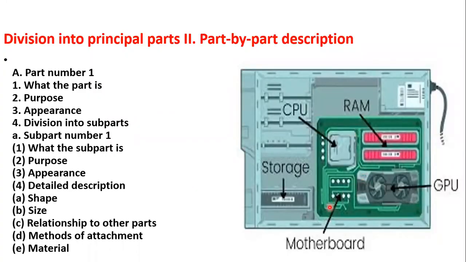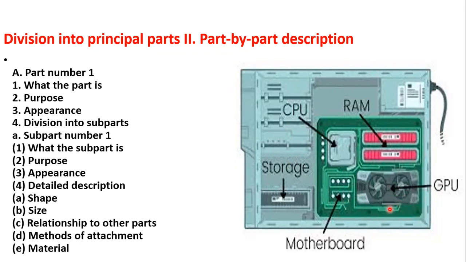It is the motherboard, one of the major portions of a computer, and the following are the portions like CPU, RAM, storage, and it is called the motherboard overall. This is the motherboard.